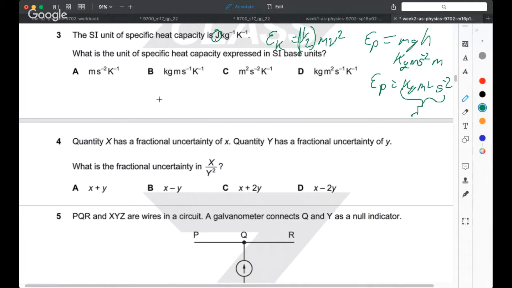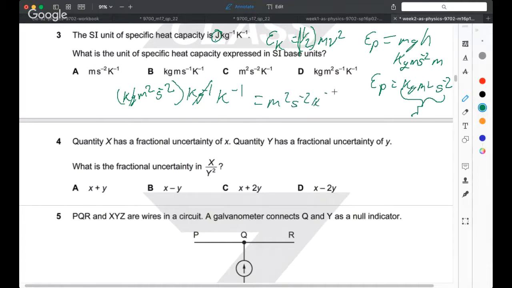So when you replace, for example, U, you will have kilograms meters squared second minus 2 times kilograms minus 1. This one with this one eliminate, and you have m squared s to the minus 2 and kg to the minus 1.